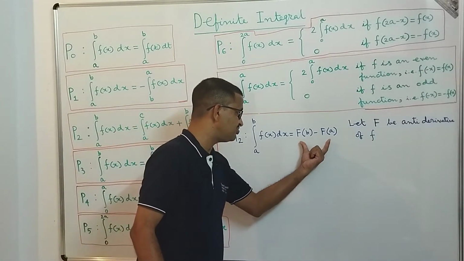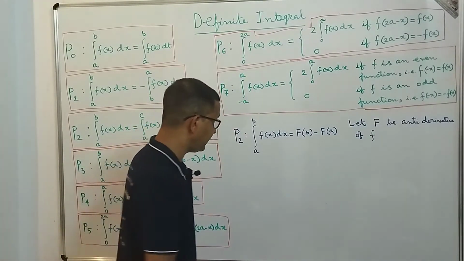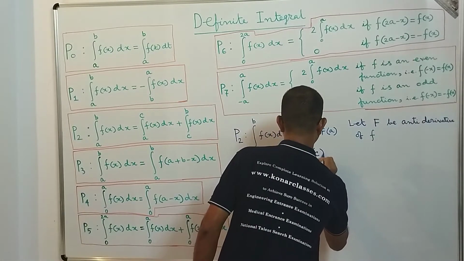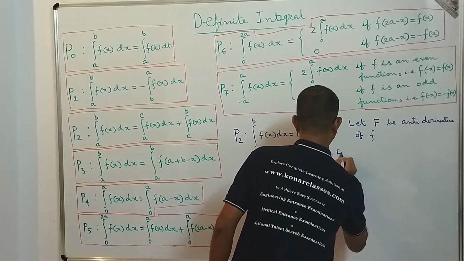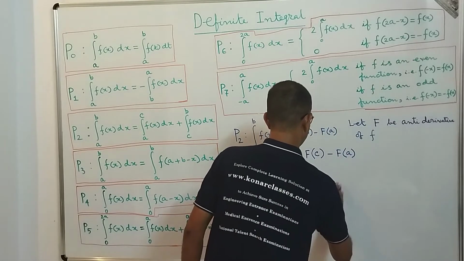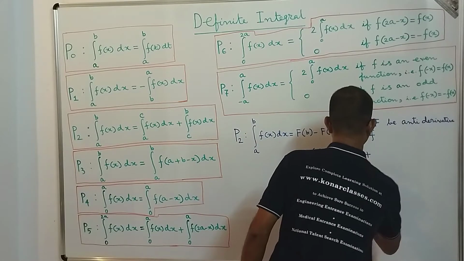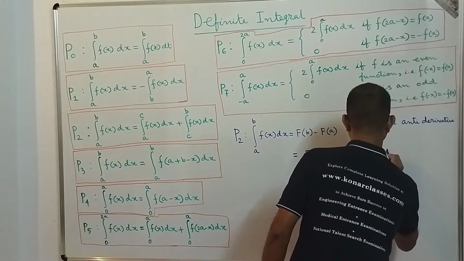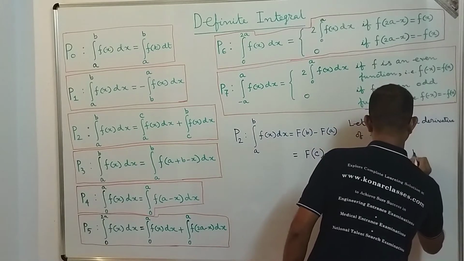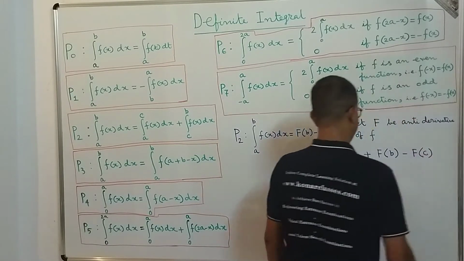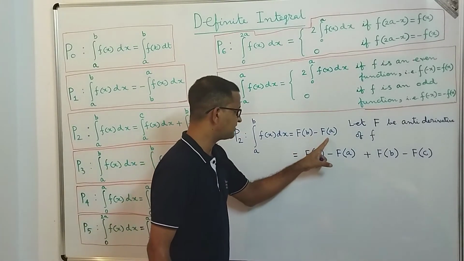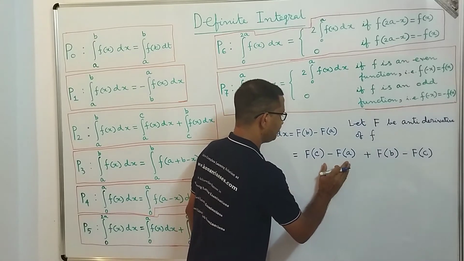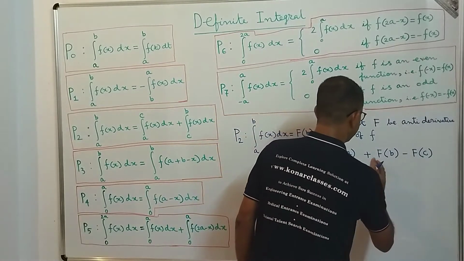So we can rearrange capital F(b) minus capital F(a) like this: capital F(c) minus capital F(a) plus capital F(b) minus capital F(c).